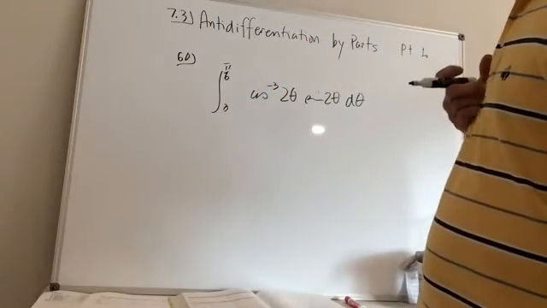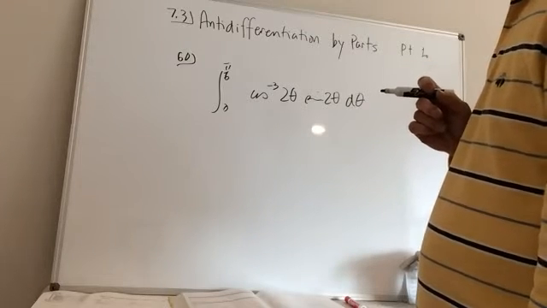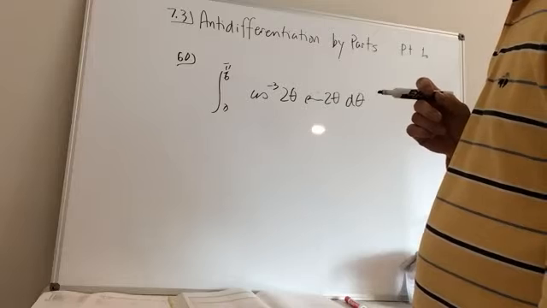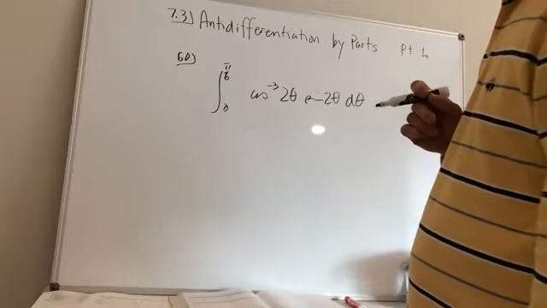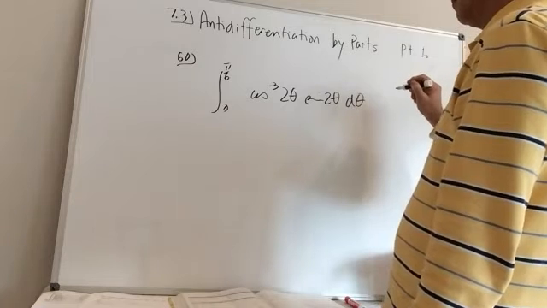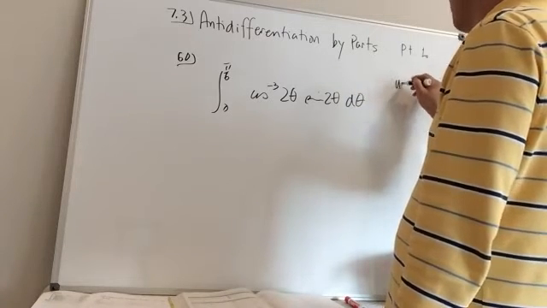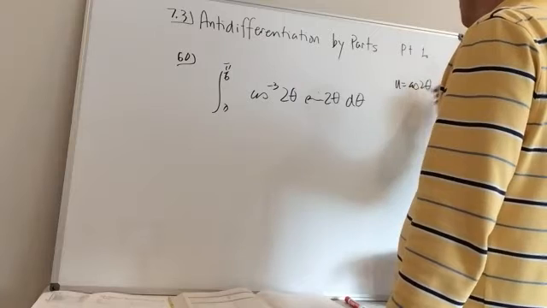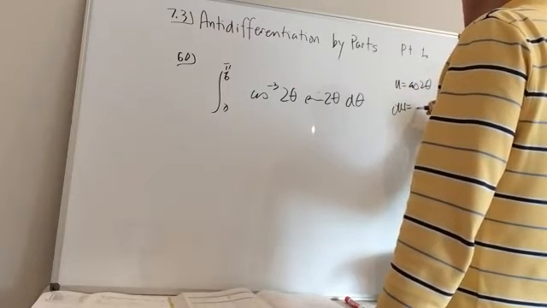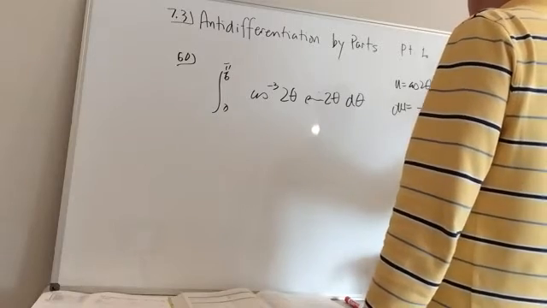So what substitution did you try to use there, Lauren? Well, I just did u is equal to cosine 2 theta. Okay, so u is equal to cosine 2 theta. Du is going to be equal to -2 sine 2 theta d theta.